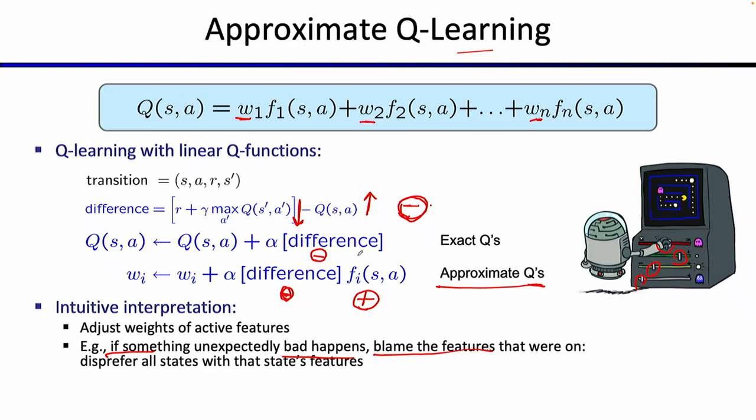That's how we would be reacting to these new events and adapting our Qs. You can also think through the example where we expected something bad and something good happened. This difference would be positive, and you would see that we will actually upweight, so assign credit to, this particular feature instead. So that's the intuition for this update. And again, the formal justification, which we'll see if we have time to briefly discuss, is that we're actually doing online least squares updates to these linear functions.